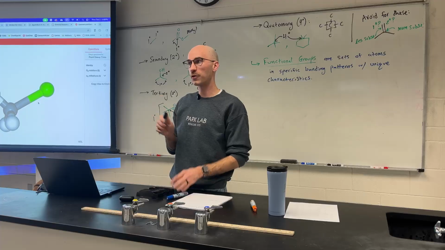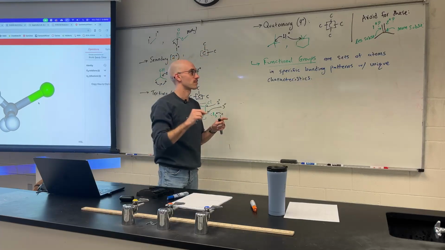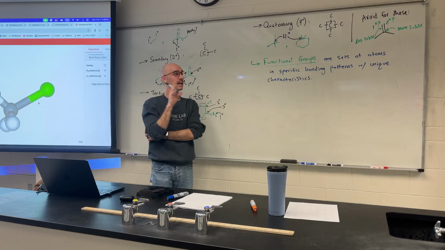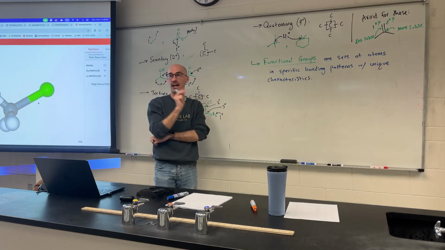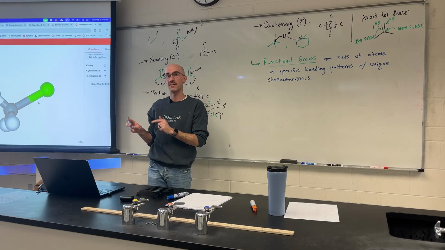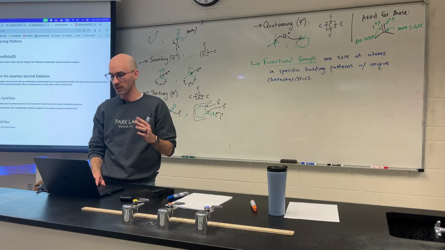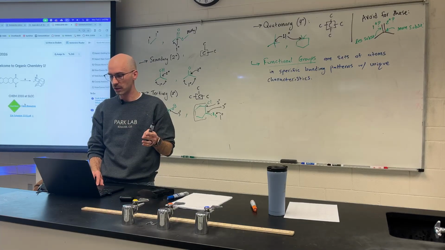There are a few things that I want to point out about functional groups. Sometimes you have these repeat sets of atoms that are now in distinct bonding patterns, which separate them from other functional groups.